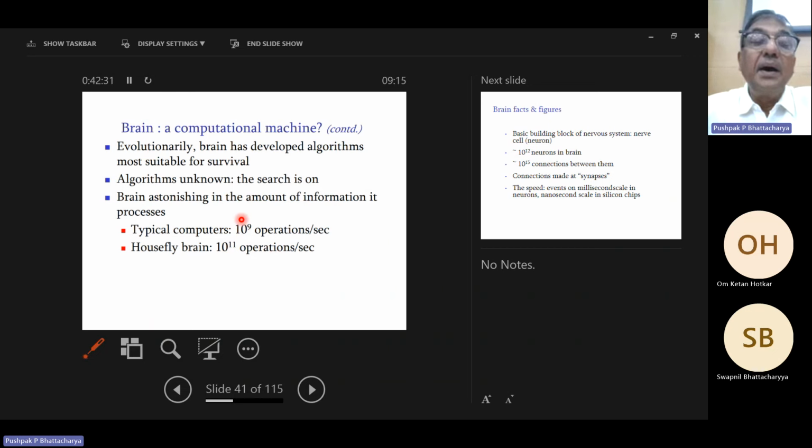Okay. And now there is also a comparison of large language models and brain. The amount of power required by large language models is 100,000 times more than what is required in the brain. The amount of carbon footprint, that is the polluting influence on the environment, is again many times more than the brain.